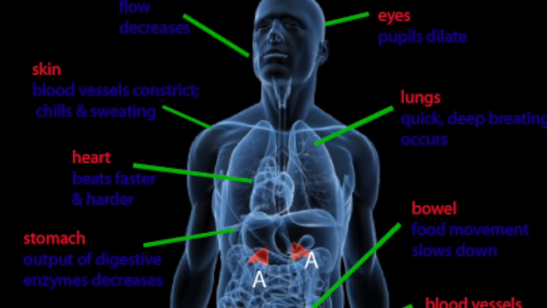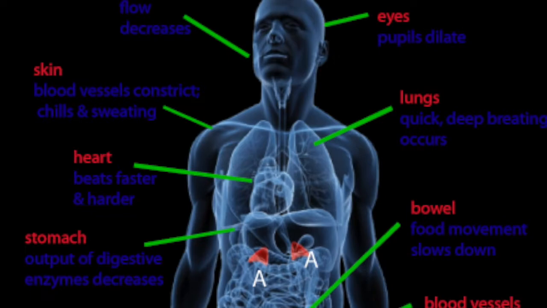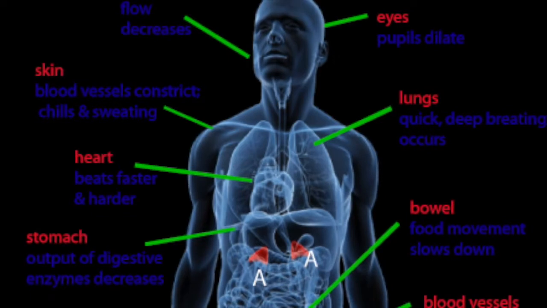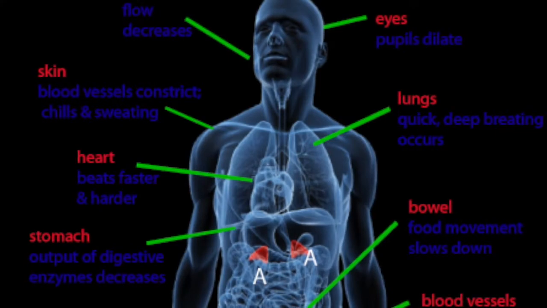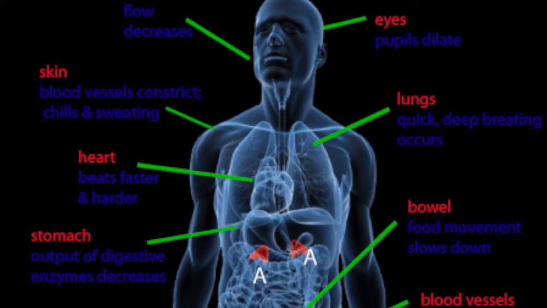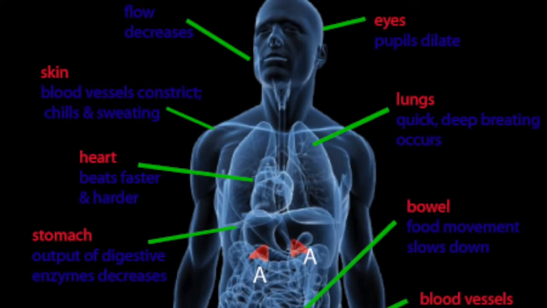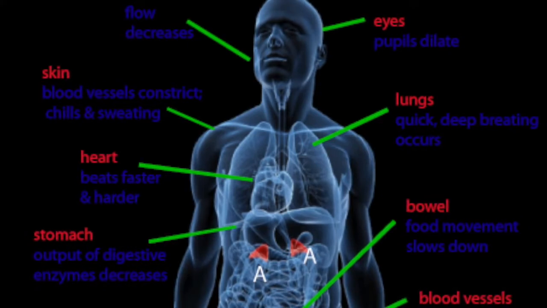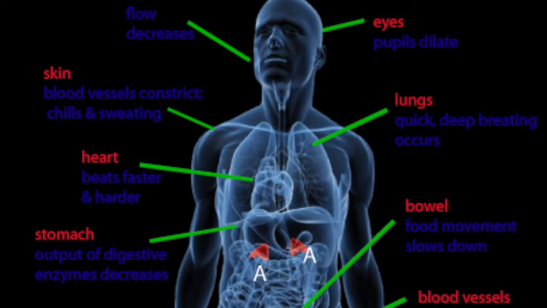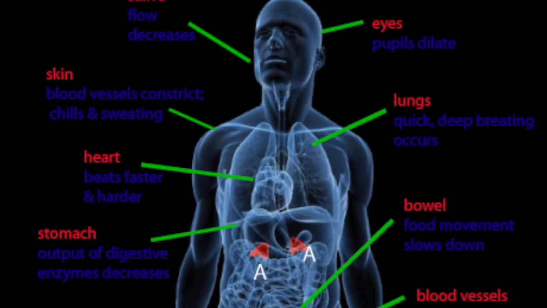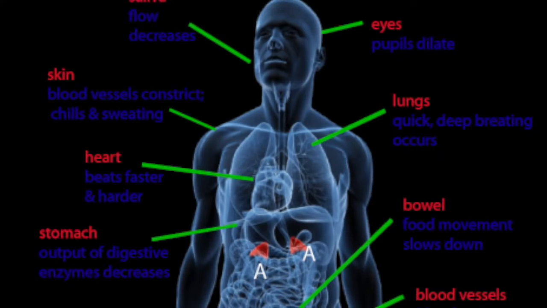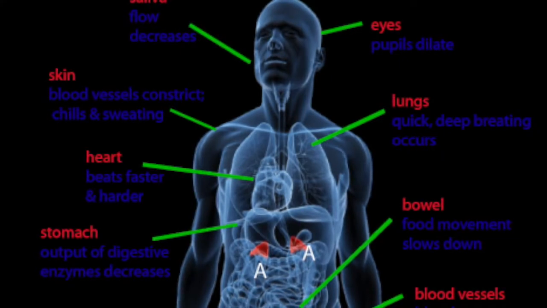So before I get into when you'd use epinephrine, what the side effects and contraindications are, it's really nice to know the mechanism of action and what the drug acts on, because then it explains all those other aspects. So epinephrine binds to alpha-1 receptors, and when alpha-1 receptors are turned on and activated, it causes our blood vessels to constrict.